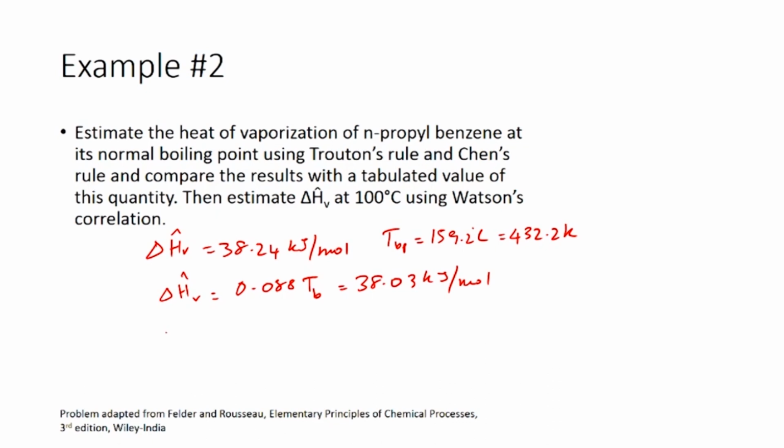Chen's rule can be used for calculating the heat of vaporization using the boiling point, critical temperature and critical pressure. The critical temperature for N-propyl benzene is 638.7 Kelvin and the critical pressure is 31.3 atmospheres.